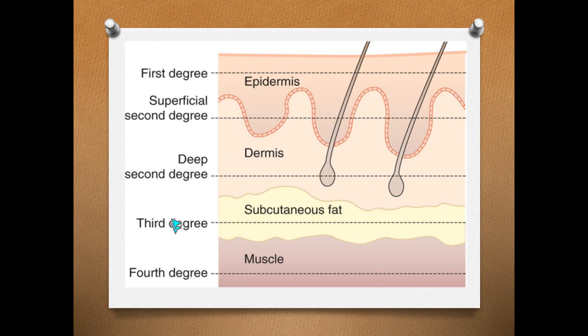And there is another class called fourth degree burn, when the burn damages the whole skin thickness and subcutaneous tissue and reaches the muscle. But this classification doesn't have any clinical importance. The most important classification is the first one we mentioned before, which has clinical impact and is used to help the management in burn units.